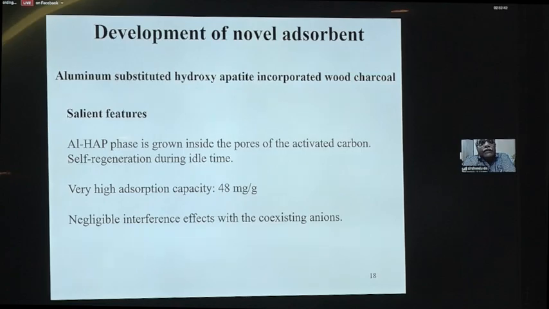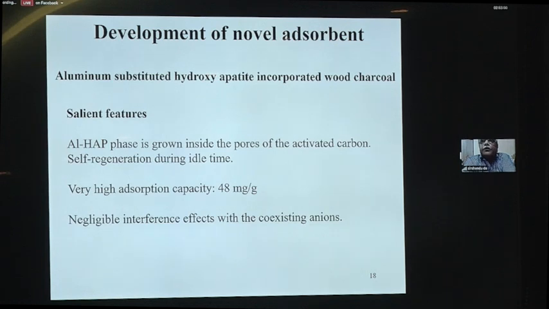Some parts of the calcium we have substituted by aluminum, because one aluminum atom will capture 3 fluoride atoms.